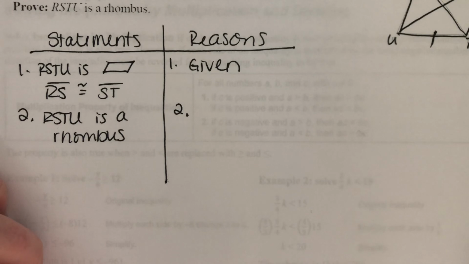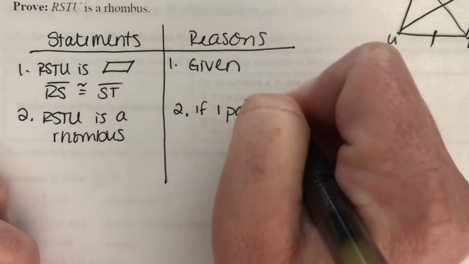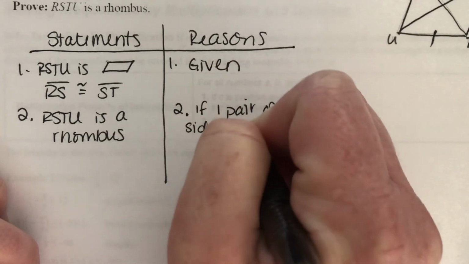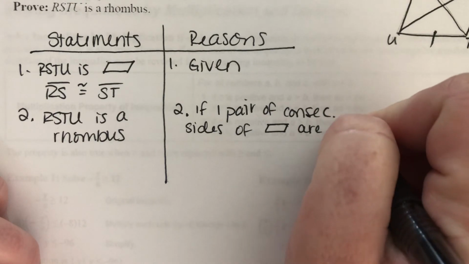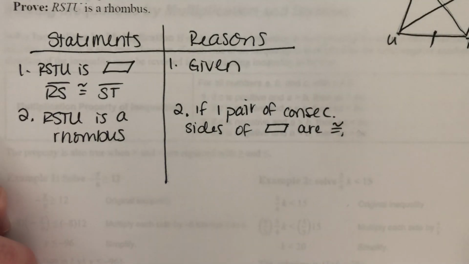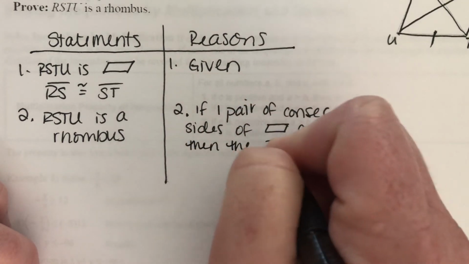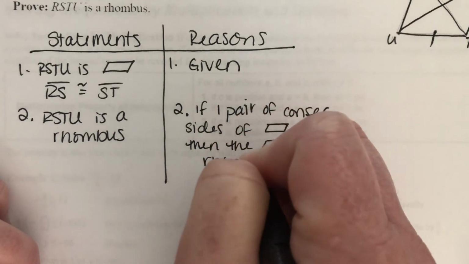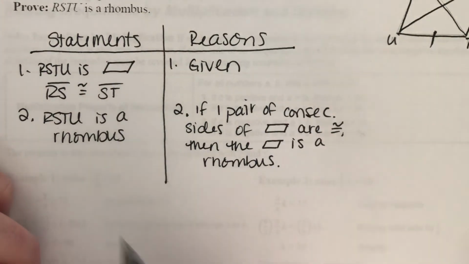If one pair of consecutive sides of a parallelogram are congruent, then the parallelogram is a rhombus. That's a condition, right? If that's true, we know our shape is a rhombus.